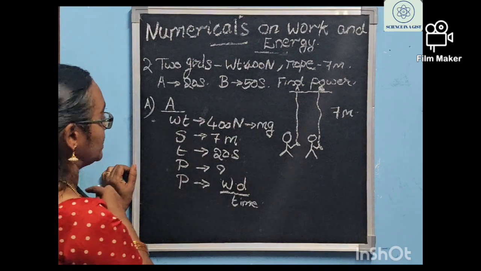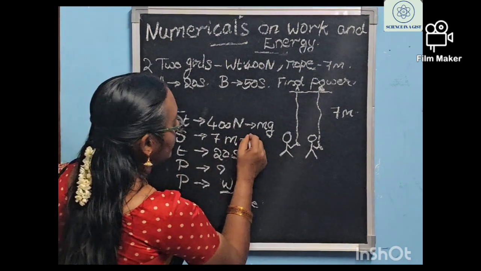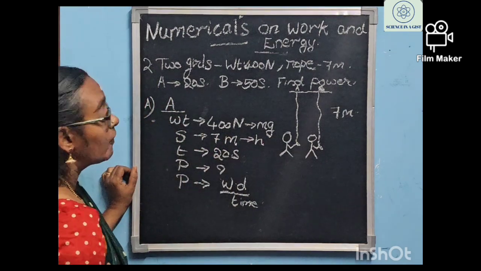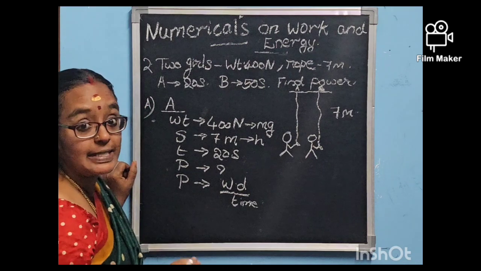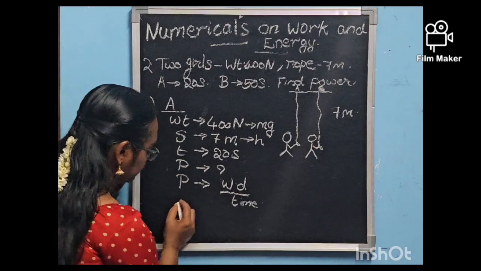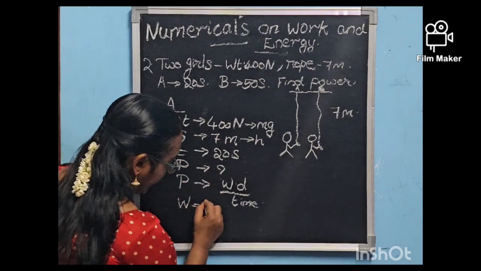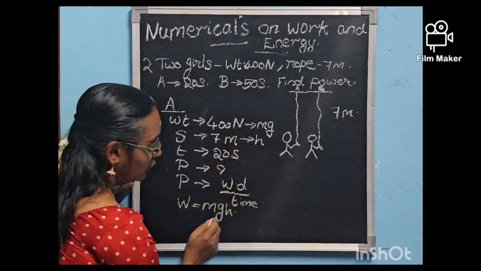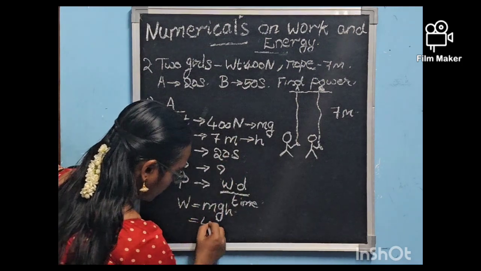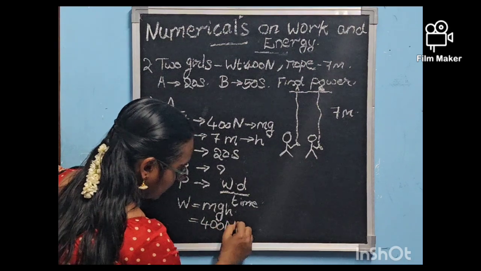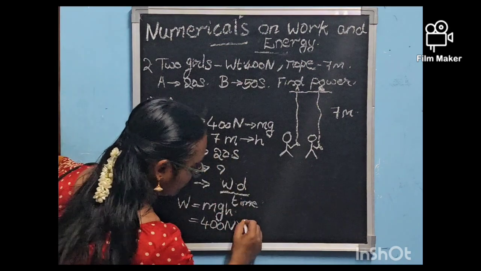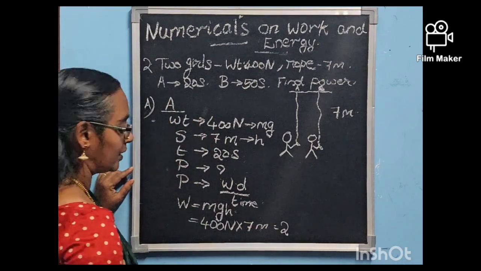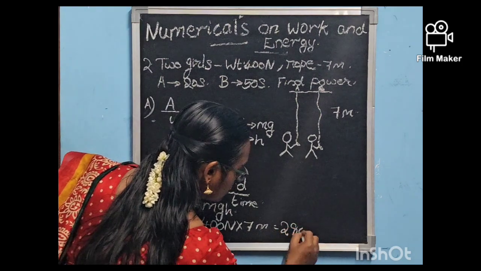Height, S can be equalized as height. H is equal to 7 meter. So, W is equivalent to energy E, and this is equal to mgh. Mg is 400 Newton. What is H? H is 7 meter. 4 into 7, 28. 28, that's 2 zeros.